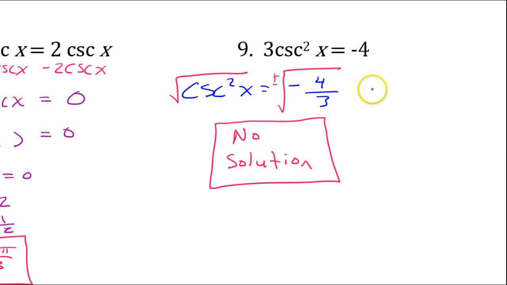If I had kept going with this, the next thing I would have had is plus or minus 2i over radical 3. You can't have imaginary numbers. Anyway, let's keep going.